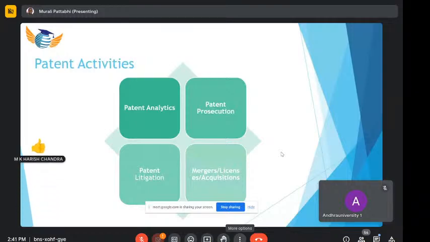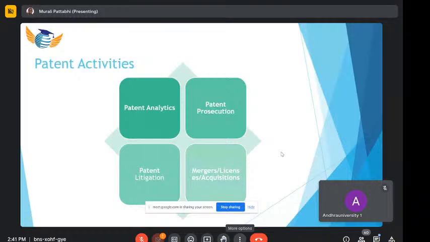When it comes to patent analytics, most of the time patent services firms or law firms do this. We try to understand what is there in the art, and we give reports as per the requirements of the companies.